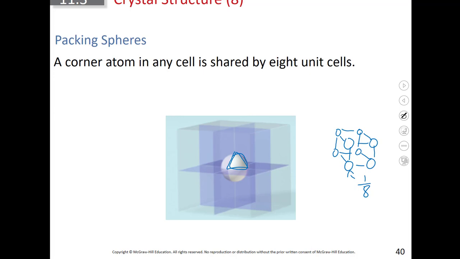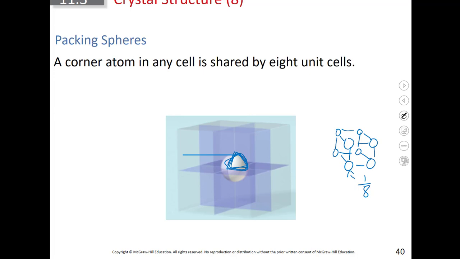So just this little wedge here of the sphere is going to be inside. For any corner atom, because it's being shared between 8 different cells, each cell is only going to have 1/8 of it inside of it.